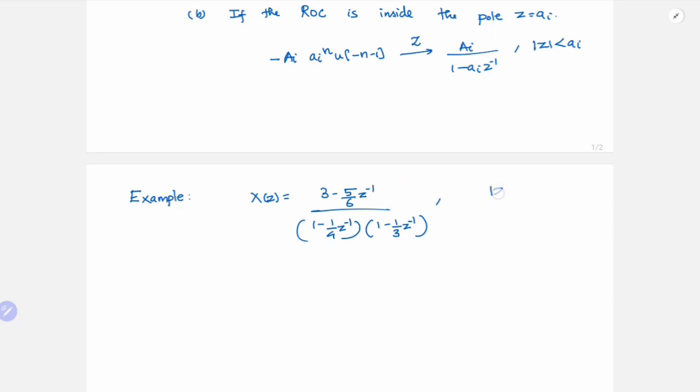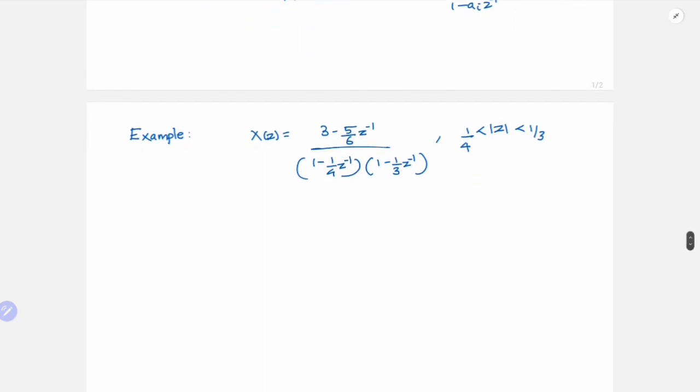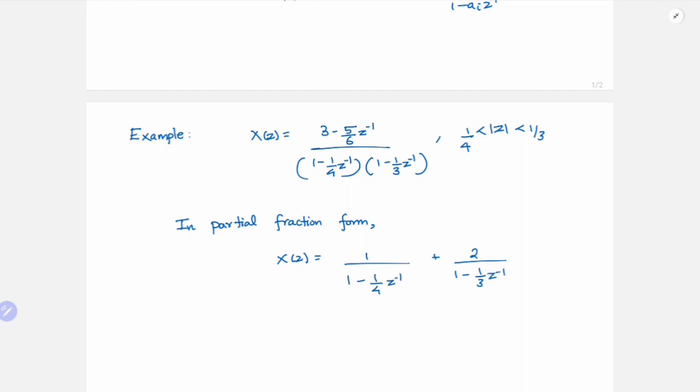And your ROC is mod z less than 1 by 3 greater than 1 by 4. So in partial fractions, we already derived in the last lecture the fraction form. We can write X of z as sum of these two entities: 1 by 1 minus 1 by 4 z inverse plus 2 by 1 minus 1 by 3 z inverse.